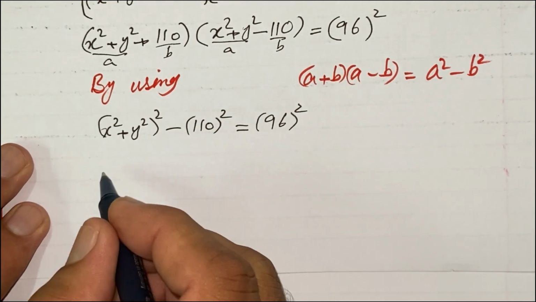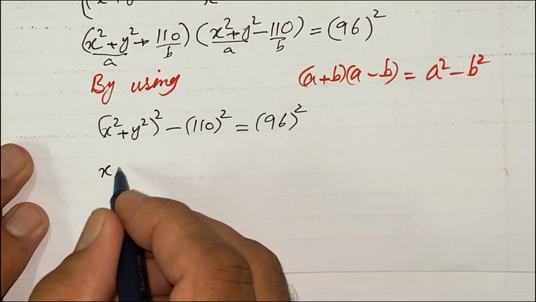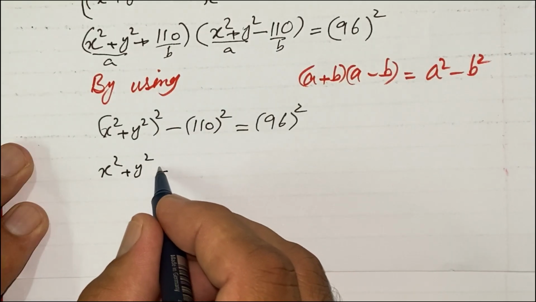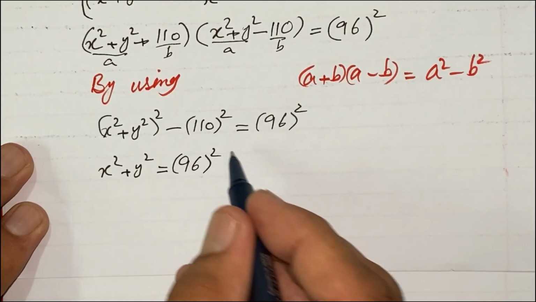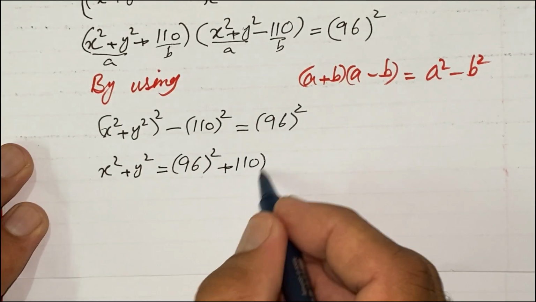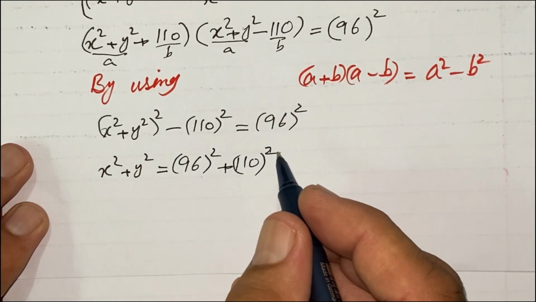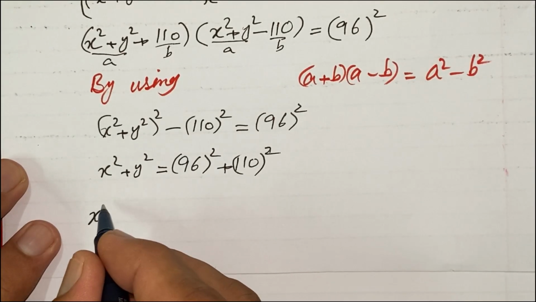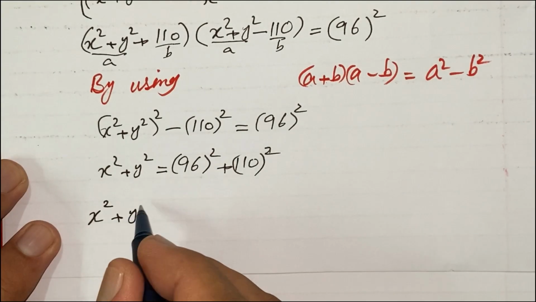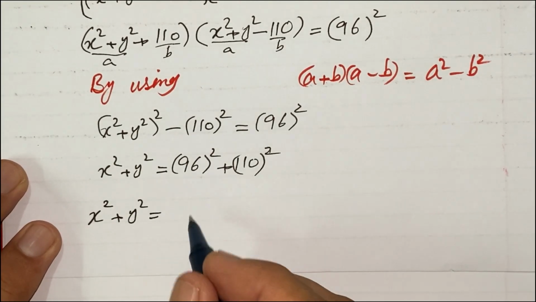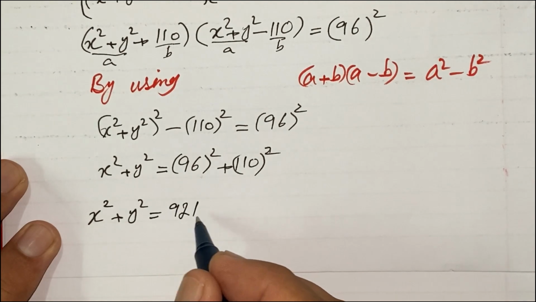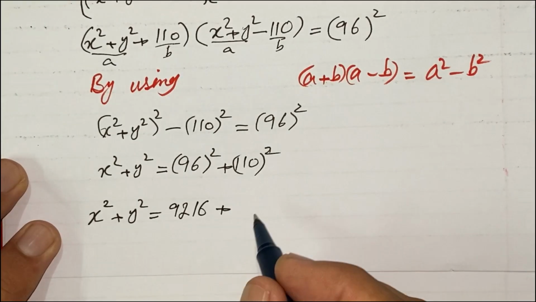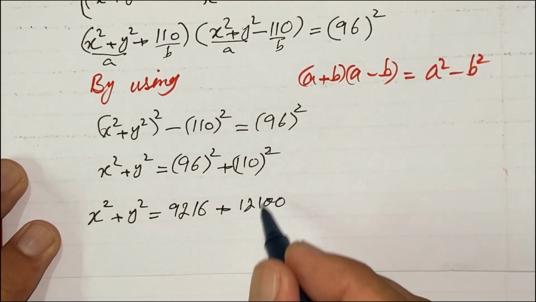Now this becomes x square plus y square is equal to 96 whole square plus 110 whole square. Now x square plus y square is equal to 9216, which is square of 96, and 12100, which is square of 110.